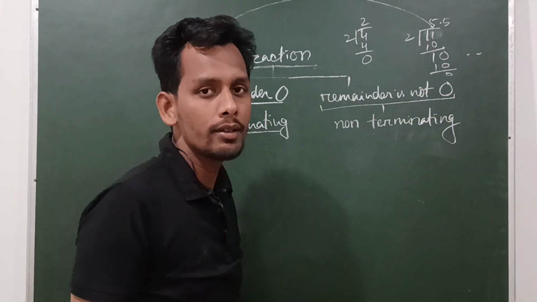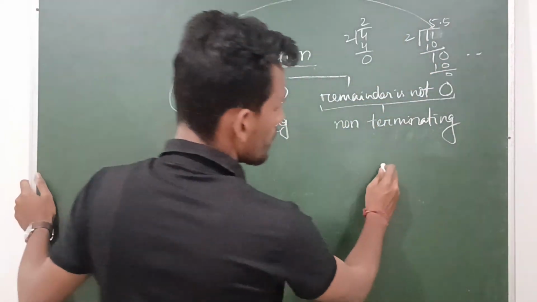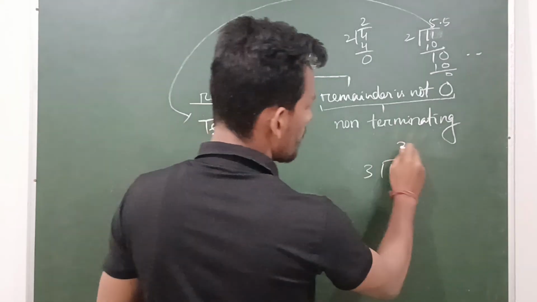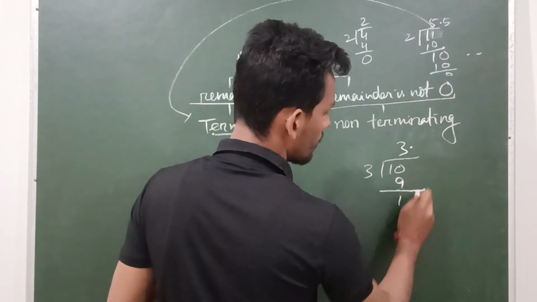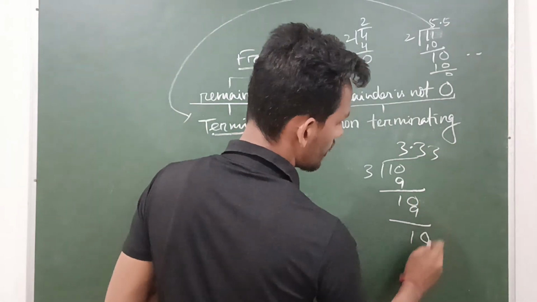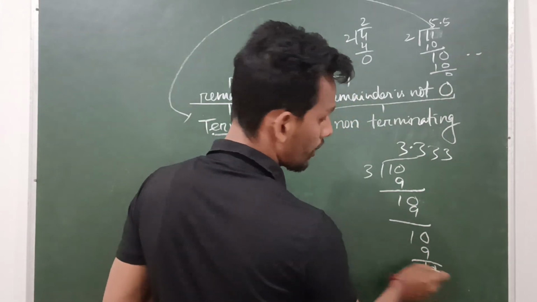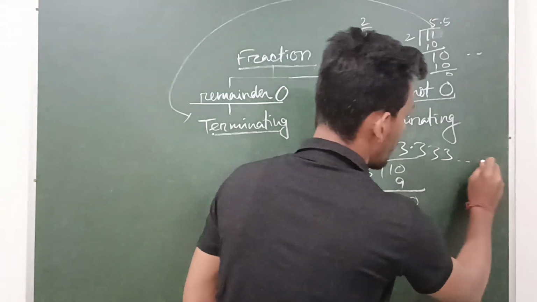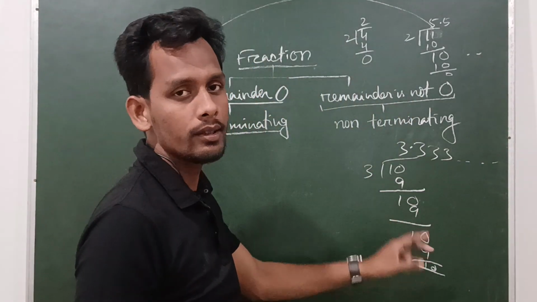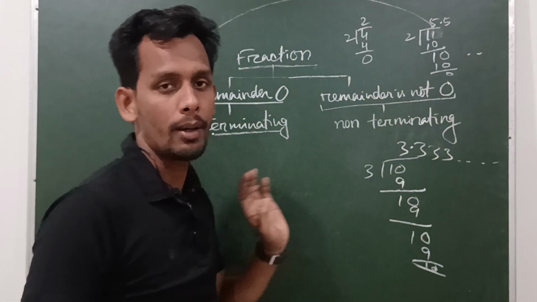And non-terminating means when it is not divisible. I will give you an example. If you divide 10 by 3, 3 3s are 9, remainder 1, 10 again, 3 3s are 9, remainder 1, and so on. Like this the remainder will not be 0. In every case the remainder will be 1. So this type of number is called non-terminating.